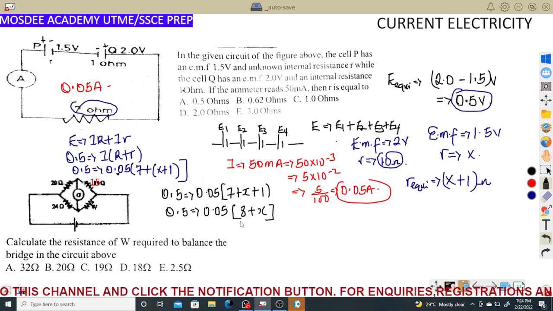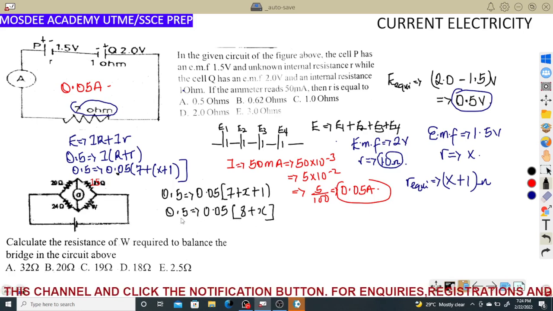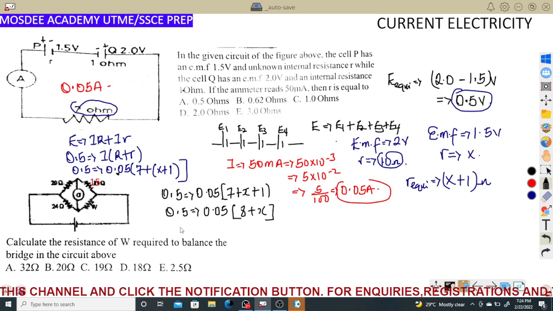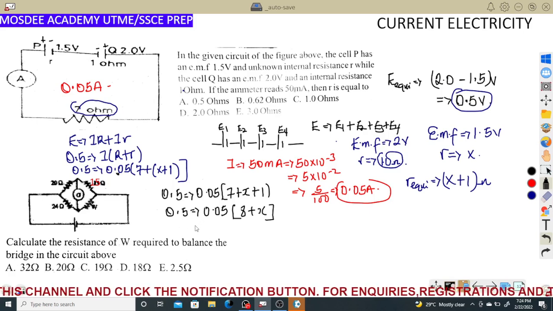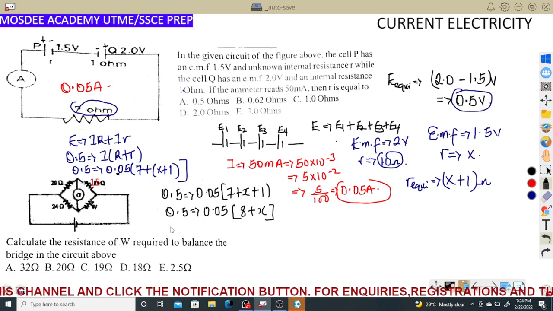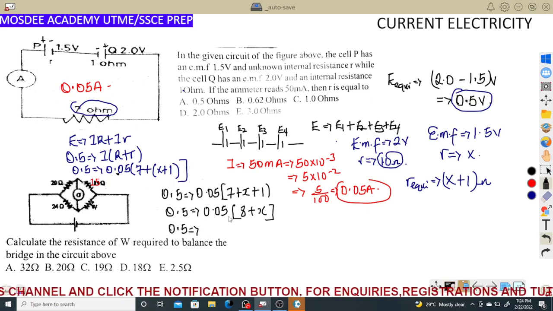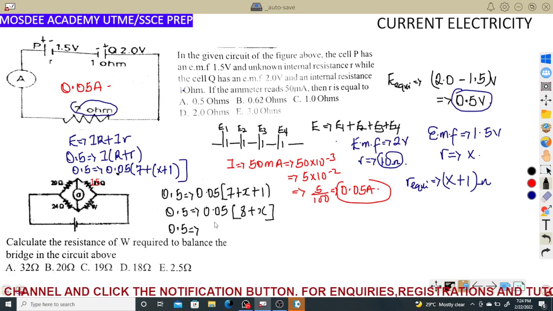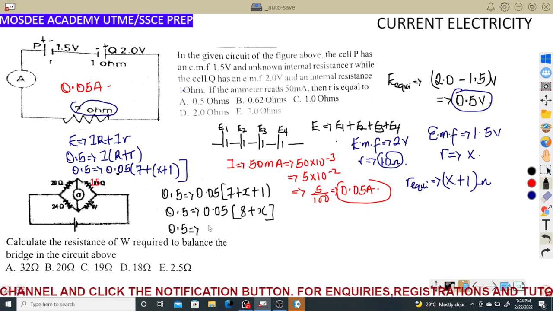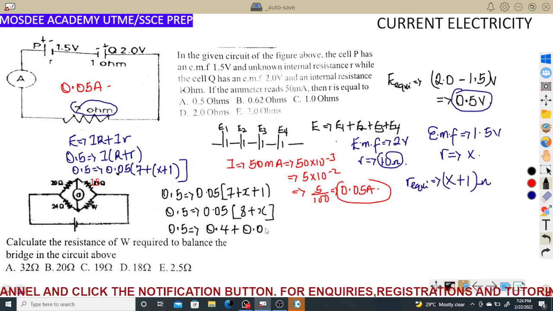You know we are looking for x. You can divide both sides by 0.05 to make it easy, or anyhow you know how to do it. Or somebody will say, I want to expand. If you are the type that likes expansion, 0.05 times 8, I think 8 times 5 is 40, that's 0.4. Please correct me if I make any mistake. 0.05 times x is 0.05x.